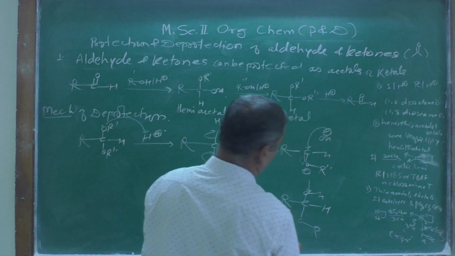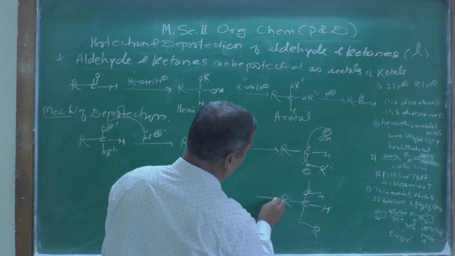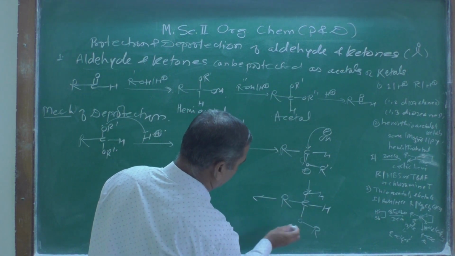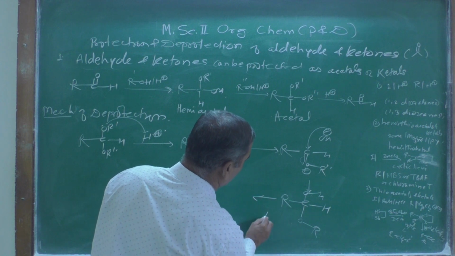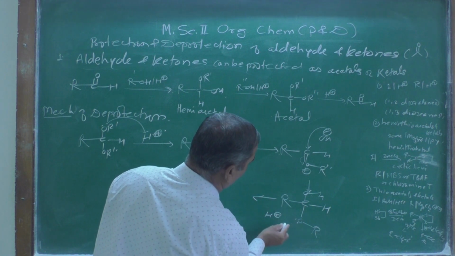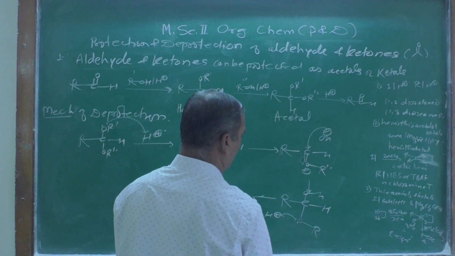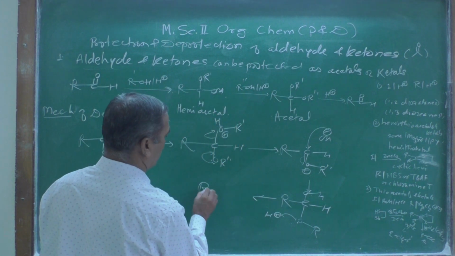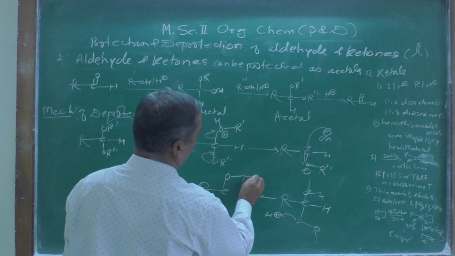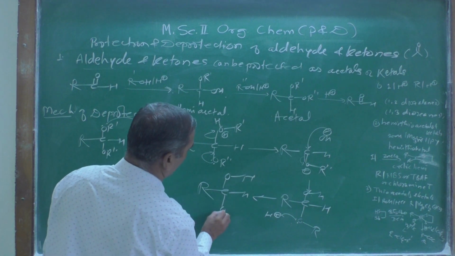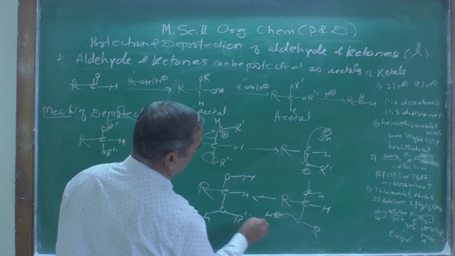Then again the acidic medium. So now H plus will pick up the proton from here, and you are going to get R, then O H, O H, then R double dash.